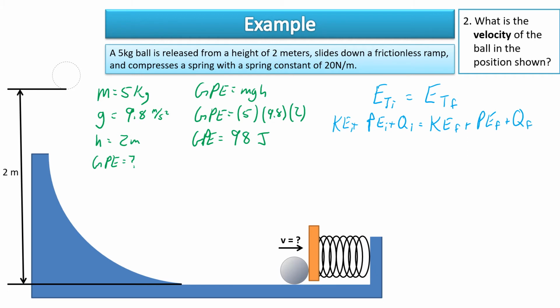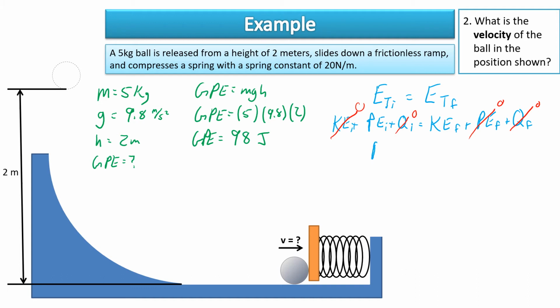All right. Was there kinetic energy in the beginning? No, that's 0. Is there friction? No, that's 0. Is there kinetic energy at the end? Yes. Is there potential energy at the end? No, because it's no longer a height above the ground, so there's no more potential energy. Is there friction? No. So what we're left with is a formula that looks like this.